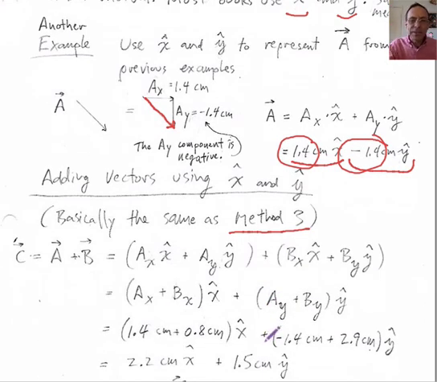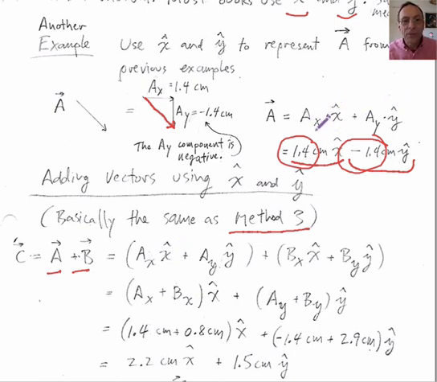So this is method 3, upgraded slightly with all these numbers. So the example was we are adding vectors A and B. We're doing A plus B, and what we're going to do is write down the A vector.